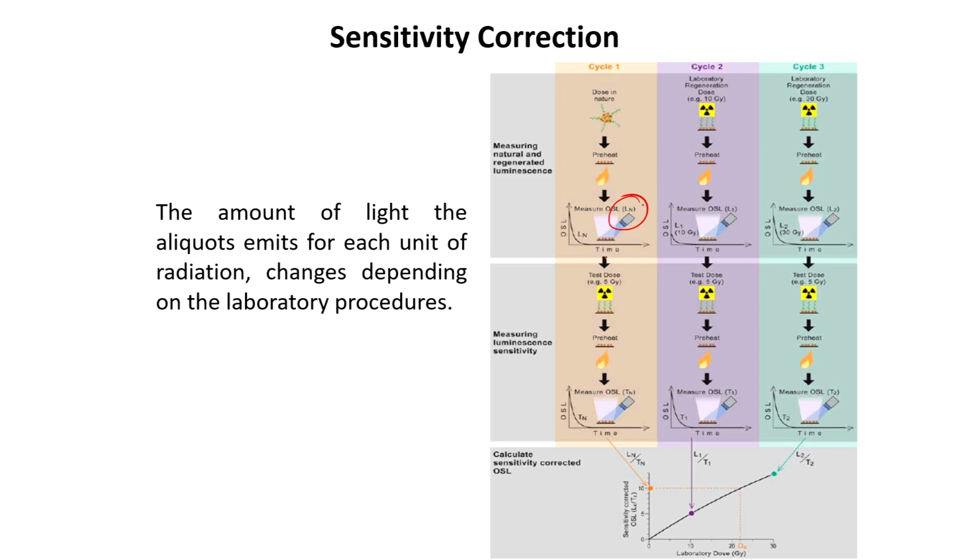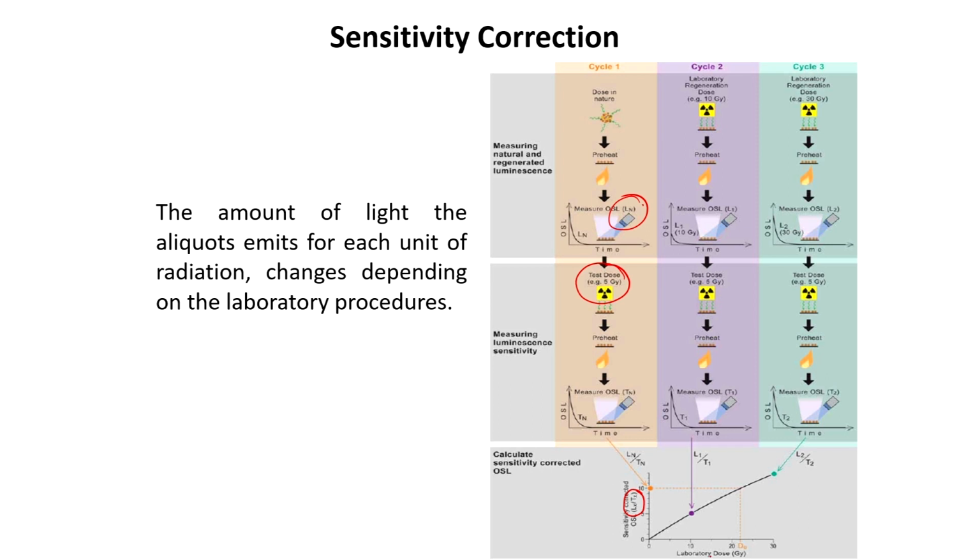But when we apply the test dose, the sample gains energy, and again we preheat and measure. So this is the sequence we run: measuring the natural and regenerative luminescence, then measuring luminescence sensitivity, and finally calculating Lx by Tx. Okay.